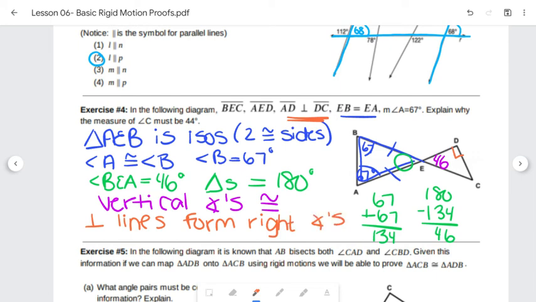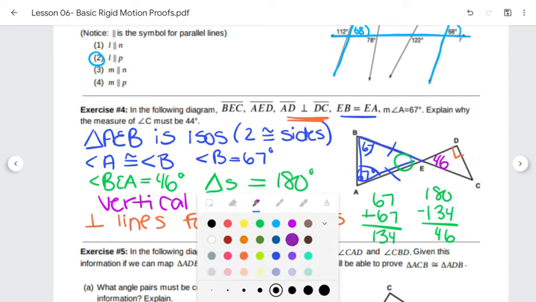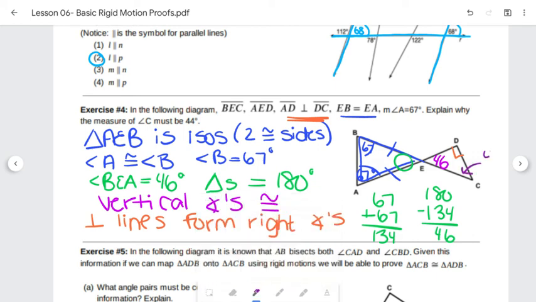And then by our reasoning, we already know that triangles add to 180. So I've already written that down. But that means I would just add those two angles. 90 plus 46 is 136. When I subtract that from 180, we in fact get our 44 degrees, which is what we wanted to show. And so now that's my explanation of why that's true. And I've done all my steps along the way.